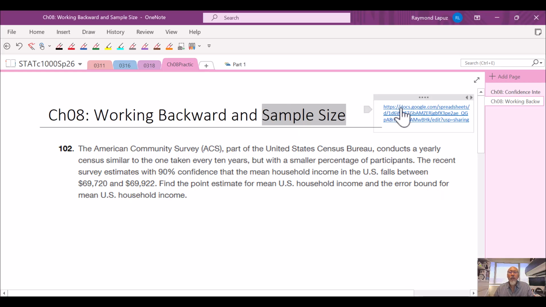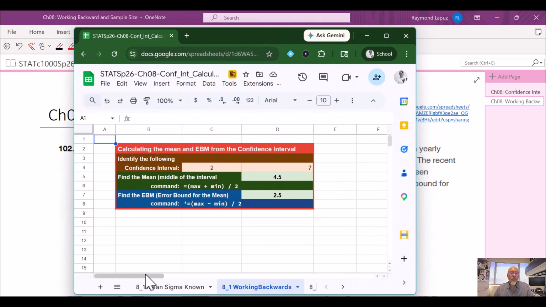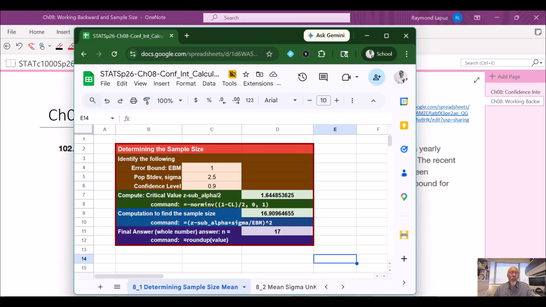You can obtain this by clicking on this link, or the link below the video if you're watching this from YouTube or in our class. So this is the calculator formula. There are several tabs here. The second tab is going to be 8.1 working backwards, and the tab after that is called 8.1 determining sample size for the mean.